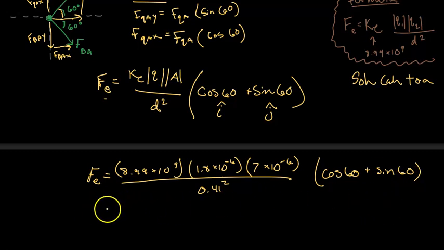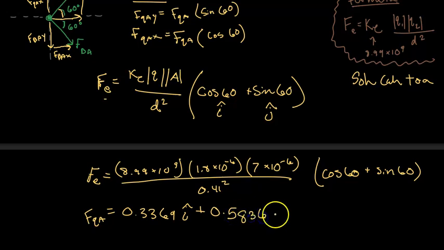Once we do all of the calculations, we should get f of q on A equals 0.3369 i hat plus 0.5836 j hat. And this is just part of what we'll need to get the final answer.